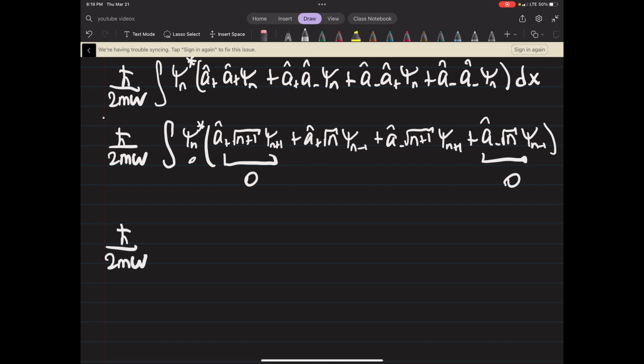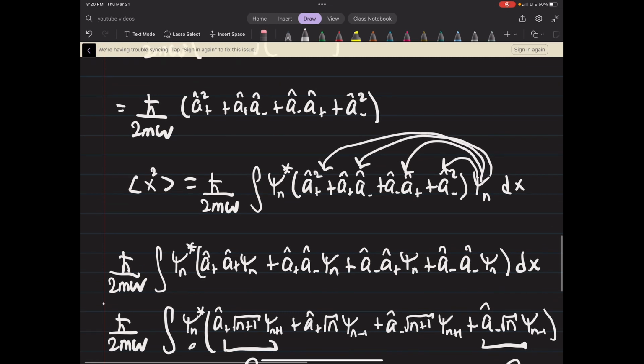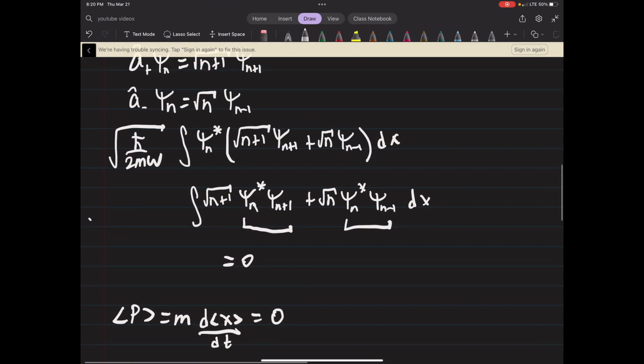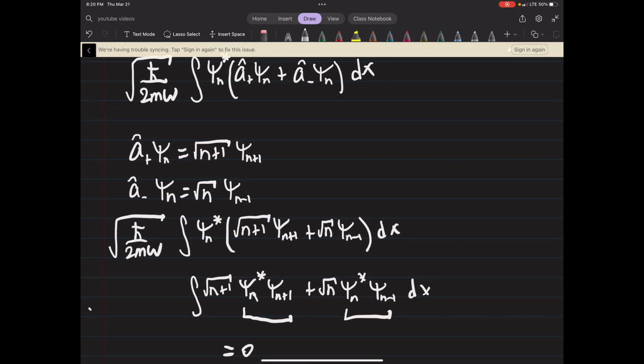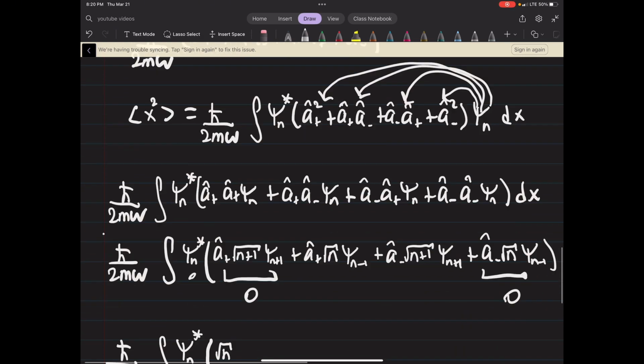Okay. So we have the integral of psi n. On the other hand, we have the square root of n, and then the raising operator acting on psi n minus 1. If you remember what the raising operator does, whatever state it is, you multiply by the square root of that state plus 1.